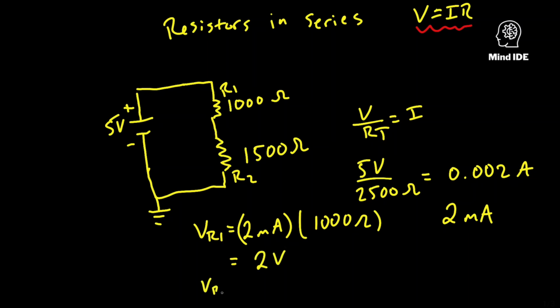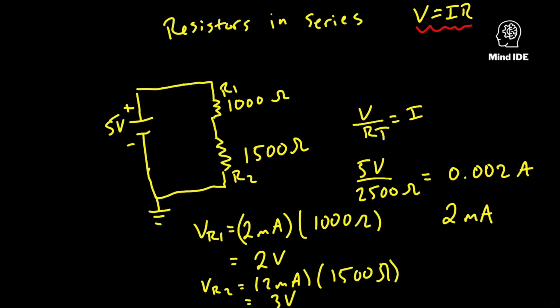And then VR2 is going to be the same, 2 milliamps by 1,500 ohms, which is 3, which makes sense.